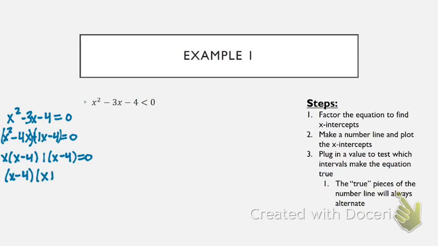And if you forgot how to factor, you can come talk to me before or after school, or you can go watch the factoring video again. That's in Unit 3 if you need help.